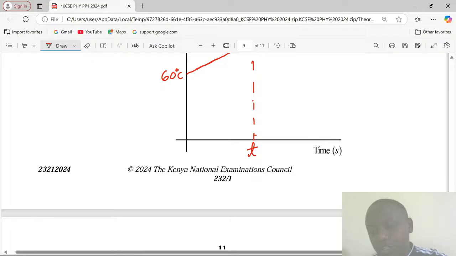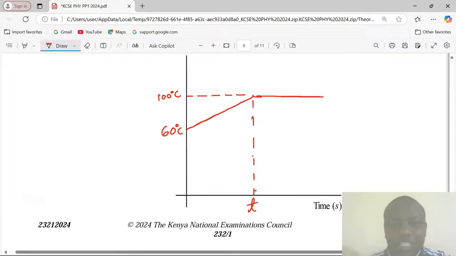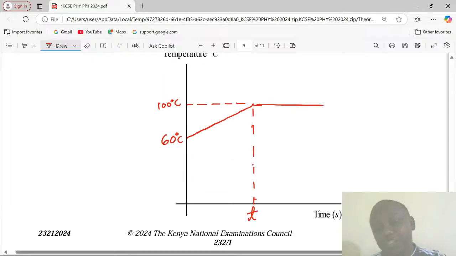So it is good for you to know that after reaching the boiling point, the graph is going to flatten, or simply there will be increase in time and the heating is continuing, but no increase in temperature.